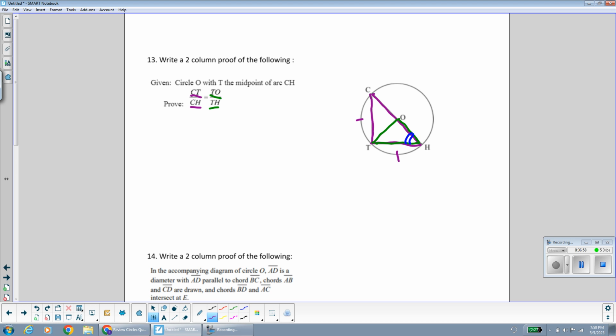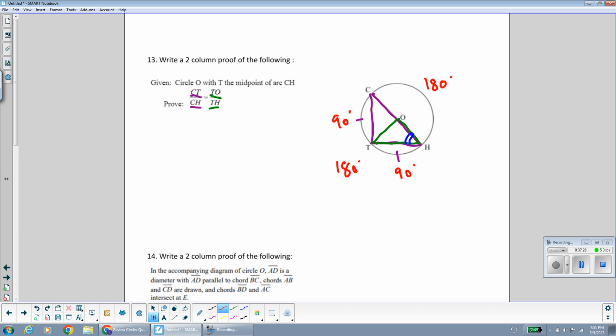And I know that the whole arc CH, since segment CH is a diameter, measures 180 degrees, as does the other side, arc CH. And since it's being split equally, each half is 90 degrees.